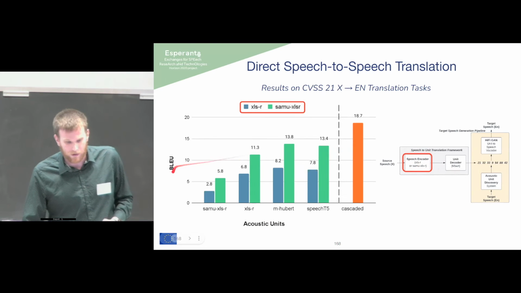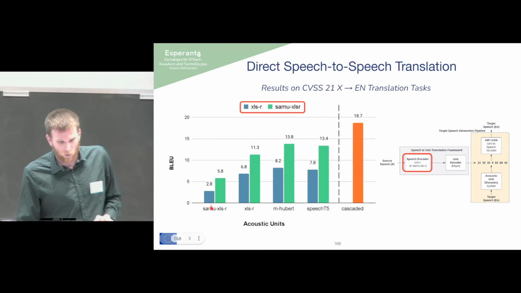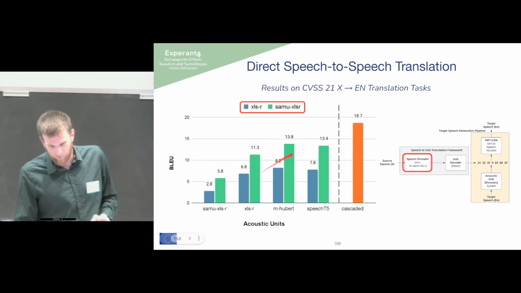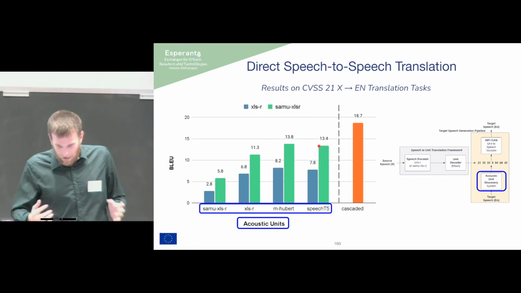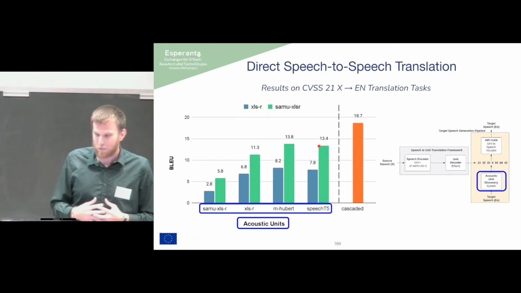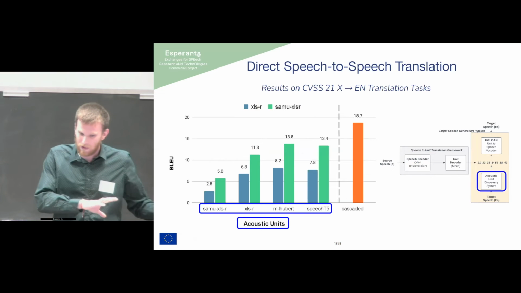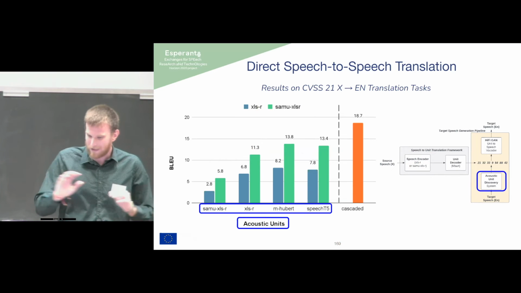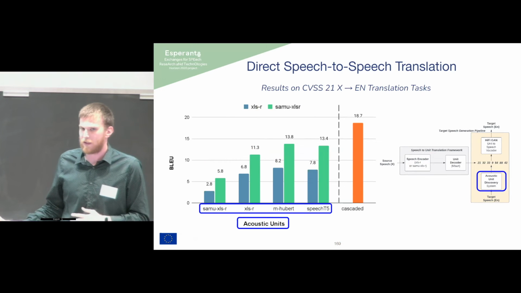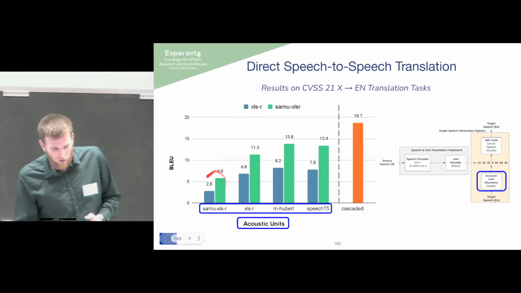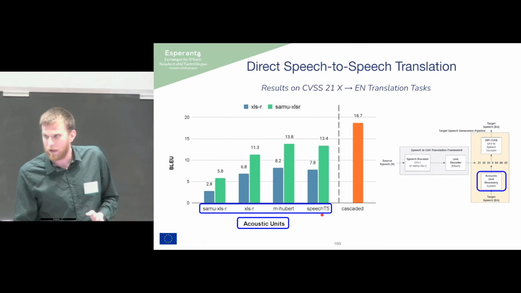This means that a blue line means that we are using XLSR as initialization, and the green line means that we're using SAMU-XLSR for initialization in the speech encoder. Now I'm highlighting in blue the speech encoder used not in the translation part, but in the acoustic unit discovery system. That means that each one of these blocks is using a different encoder system in order to generate the acoustic units.